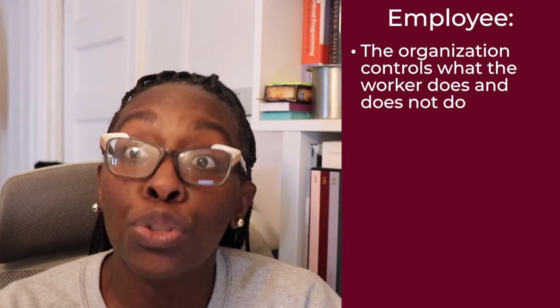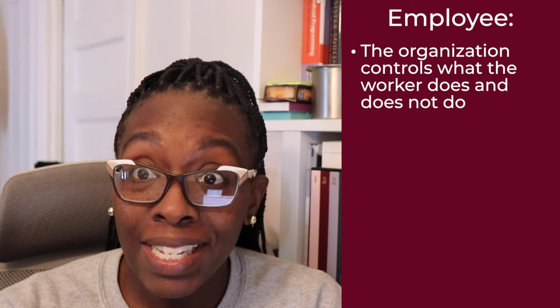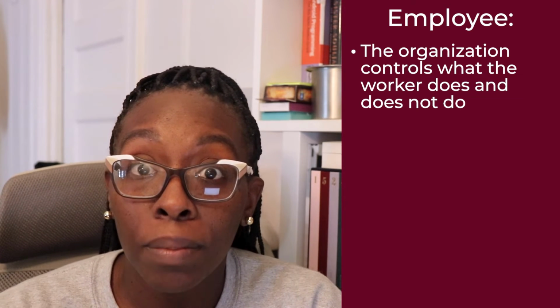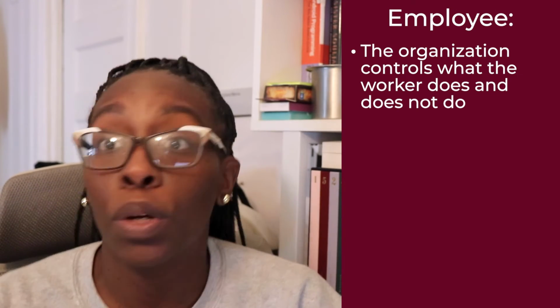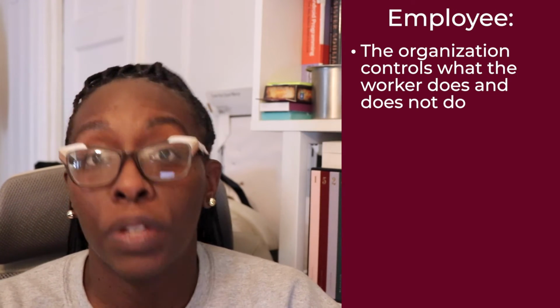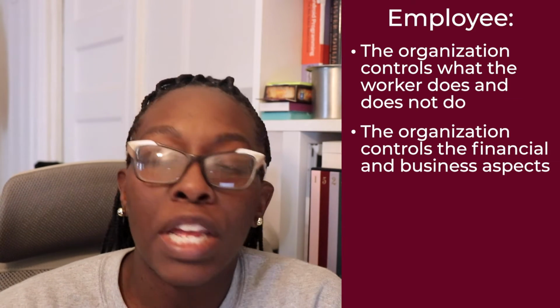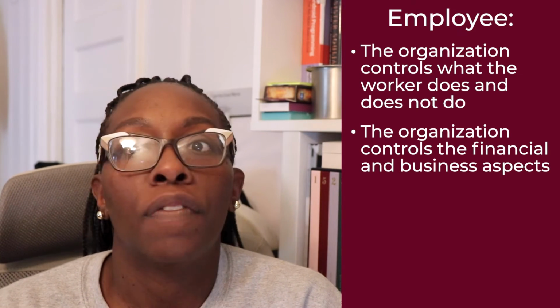Some specifics. I'm going to go back to my bullet points. First things first, the organization controls what the worker does and does not do. They determine how the worker does the job and the things that they don't want the worker to do, as it relates to the job. Second, the organization also controls the financial and business aspects of the job.